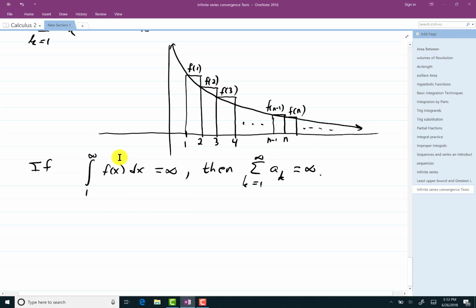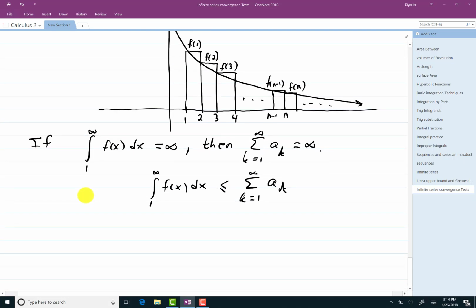So if the integral diverges, then so does the series, because the integral value is less than or equal to the series value. And if this thing is going to infinity, well, so is that.